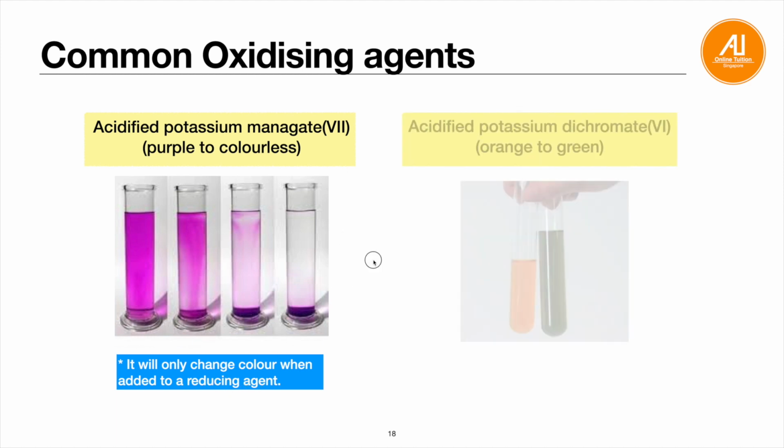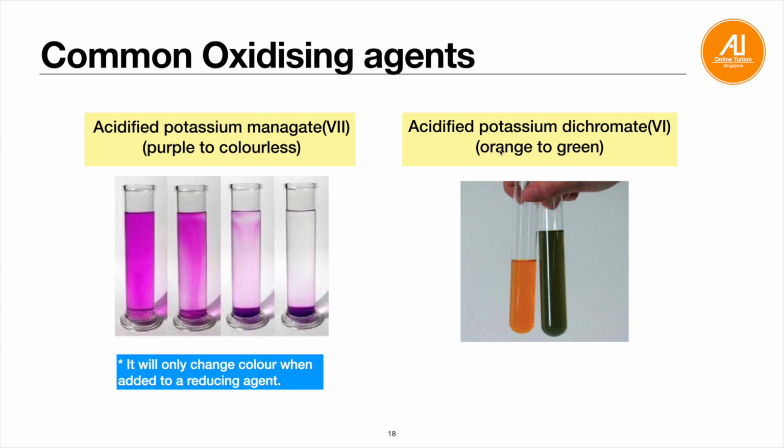Same thing with acidified potassium dichromate(VI): it only changes color when added to a reducing agent. So if you add it into an unknown solution and it changes from orange to green, it shows that the unknown solution is a reducing agent, because potassium dichromate(VI) is an OA, so the unknown solution must be an RA, a reducing agent.